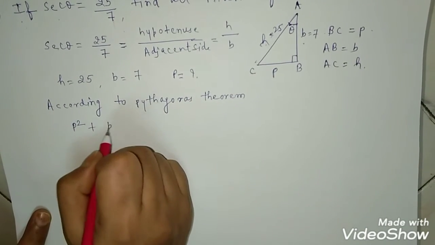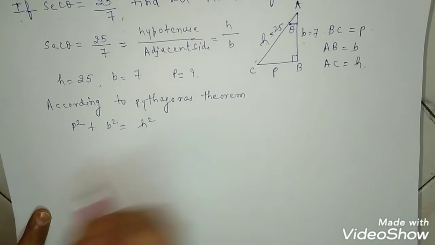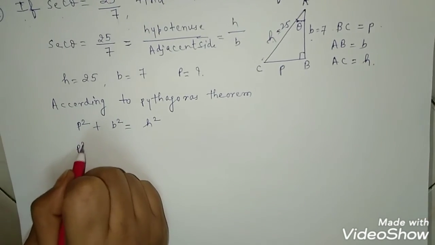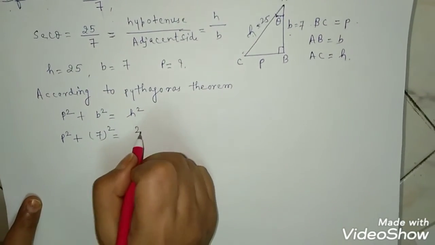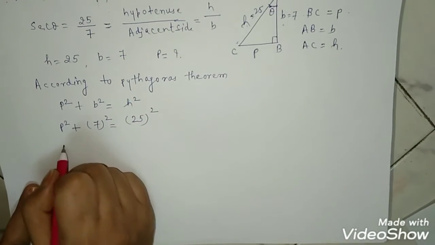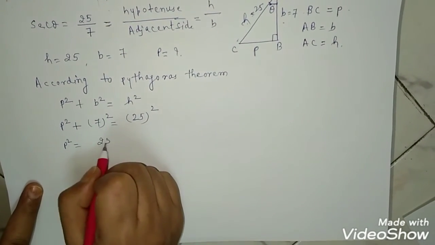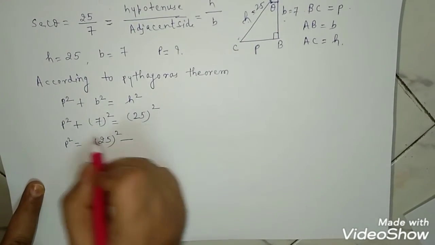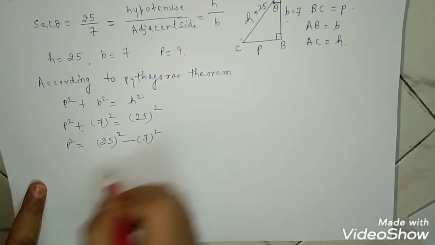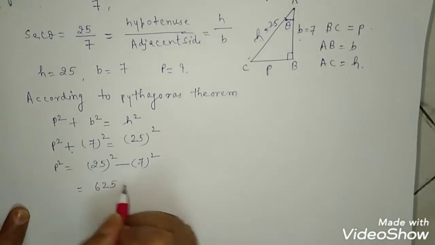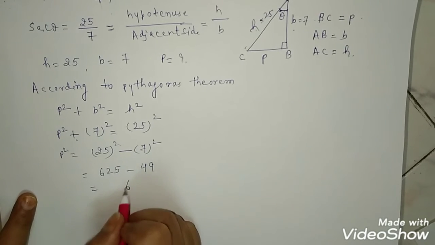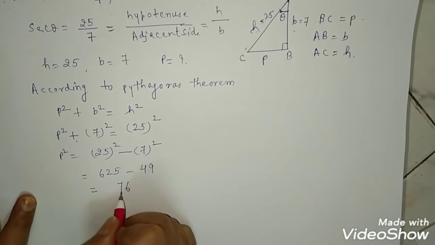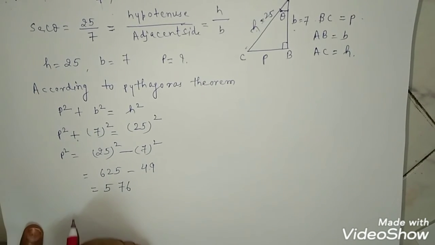Perpendicular square plus base square is equal to hypotenuse square. P is not given, let it be like this. 7 square is equal to 25 square. So perpendicular square, let us take this to the other side. This will become minus. 625 minus 49 is 576.